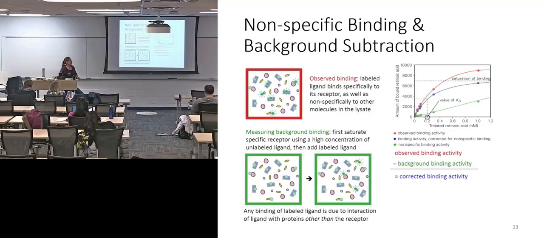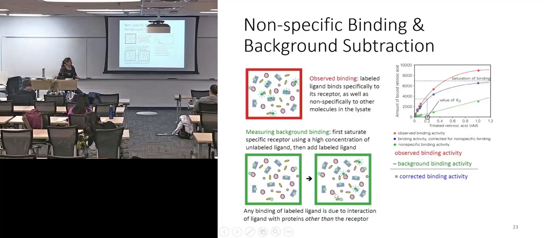And because there's a stronger interaction between these two, those will get filled up first before the other stuff. Then add the radioactive ligand, and the only thing that the radioactive ligand will have left to bind to is nonspecific proteins and the walls of the test tube. And so any binding of labeled ligand is now only due to the other proteins and the other stuff you don't care about.